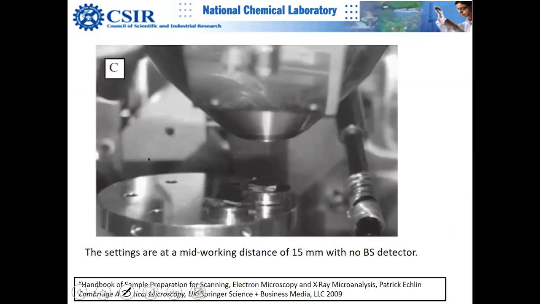You can see this is the working distance. This is your sample. One sample is here and another sample is here. You can mount a third sample here, a fourth sample here. You can see this, right? You can mount more and more samples here. You have these holes. This is the sample stage. You can move it, and I'll show you a movie.